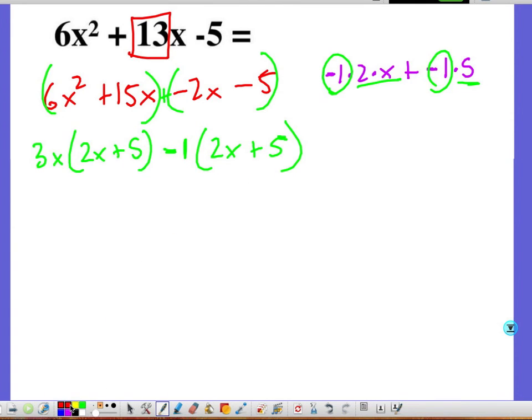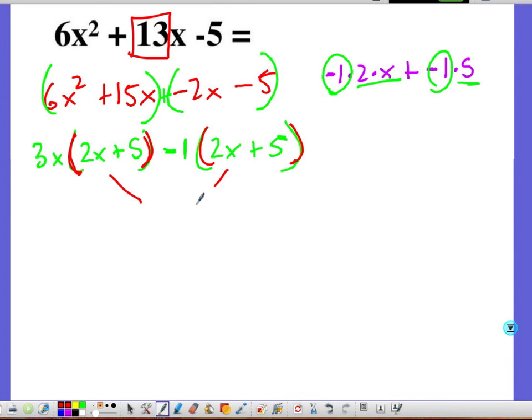Now, how do we know if we factored these correctly? Well, here's how you know. These two parentheses must be the same. If they're not, then you have to check again. You have to see what else you need to factor. But in this case, they are the same.